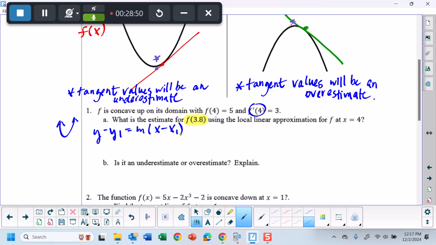All right, let's talk about what we have. F is concave up on its domain. Here's an input-output value that I have. So I can say that y minus 5 is equal to that slope times x minus 4. And at 4, my rate of change is equal to 3.